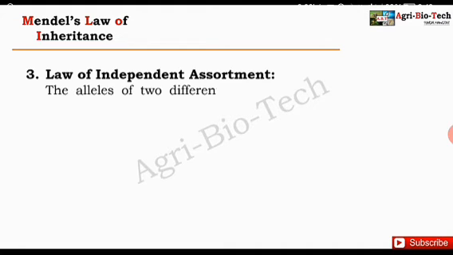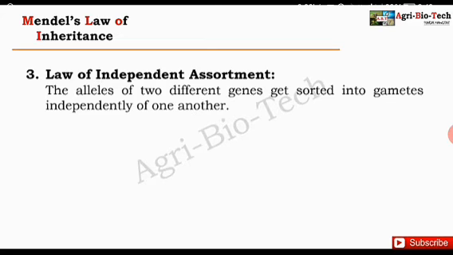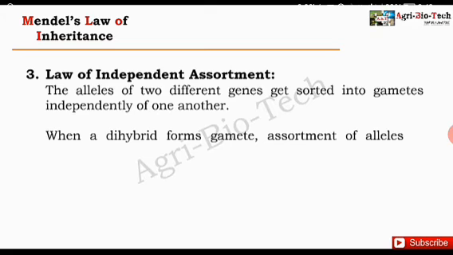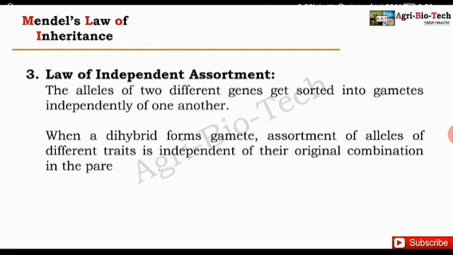In the law of independent assortment, the alleles of different genes get sorted into the gametes independently of one another. In other words, when the dihybrid forms gametes, assortment of alleles of different traits is independent of their original combination in the parent. Now let's see the dihybrid experiment performed by Mendel.